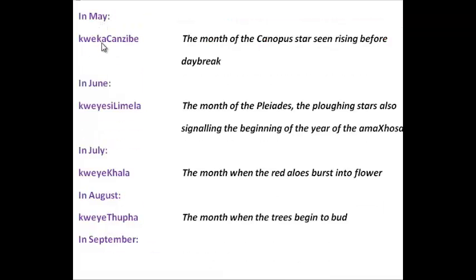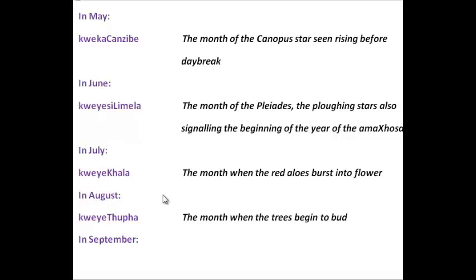In May, Kweka Tanzibe, the month of the Canopus star, seen rising before daybreak. In June, Kweye Si Limela, to plough for yourself. So the month of the Pleiades, the ploughing stars, signaling the beginning of the year of the amaXhosa.